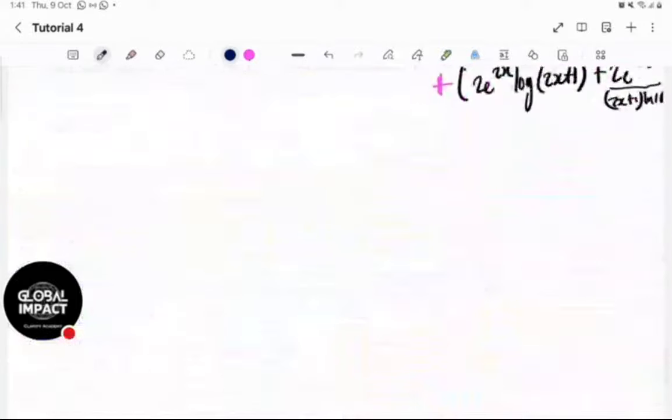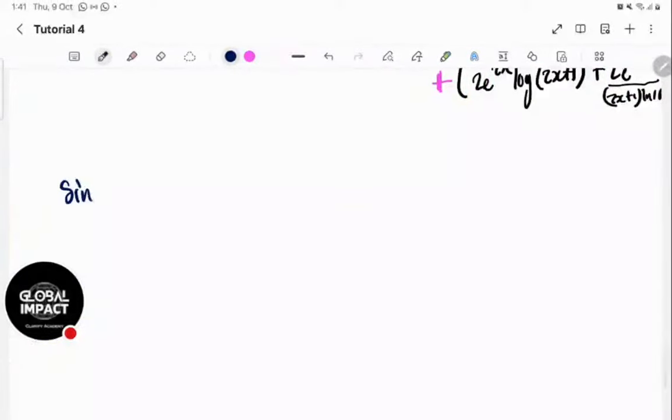So for us to do this sine 3x over x squared, we want the derivative of this. You use the quotient rule, which we said is low d high. So what is low? X squared times d high, the derivative of the top. If you want to find the derivative of sine 3x, it's not sine x. If you want to find the derivative of sine 3x, you first differentiate the sine.